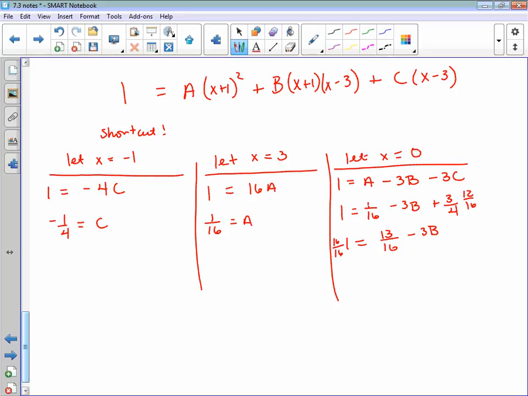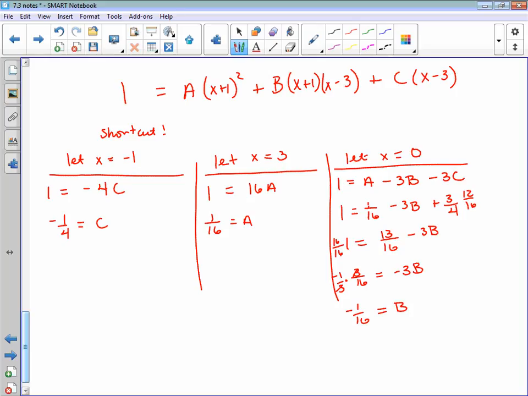Negative 1 over 16 equals 3. Hold on. Negative 3. I'd get 3 over 16 equals negative 3b. You with me? Okay, dividing by negative 3, that's the same as multiplying by negative 1/3, right? So negative 1/16 is your b.